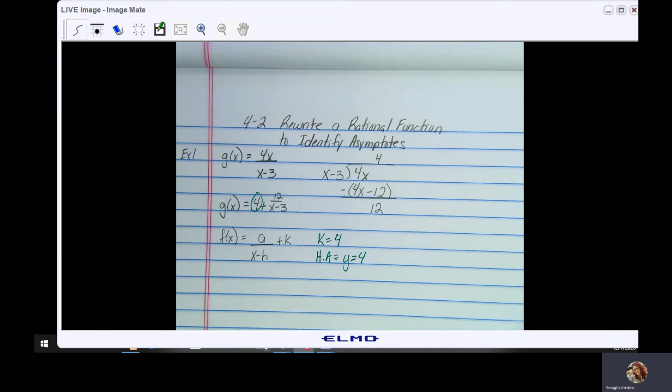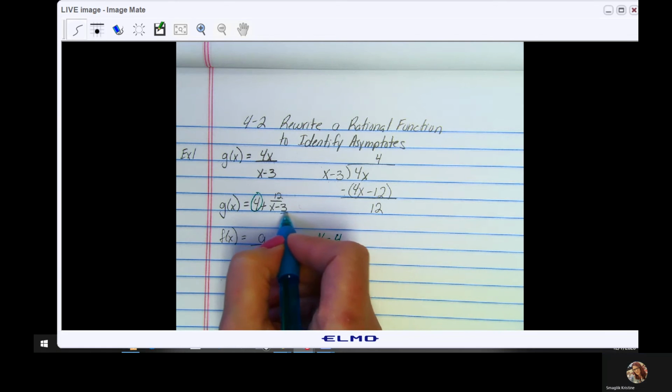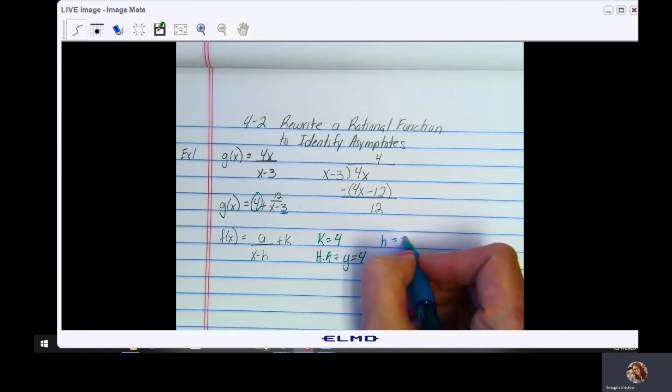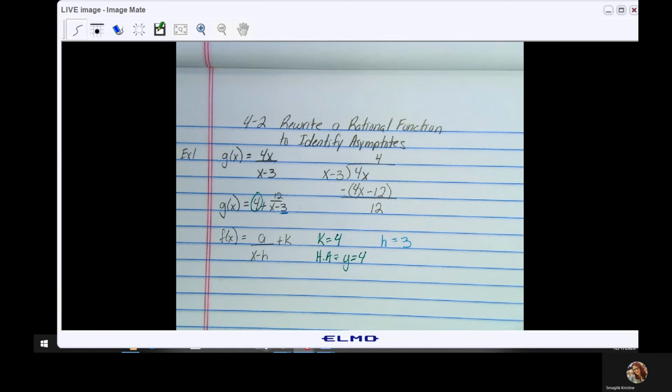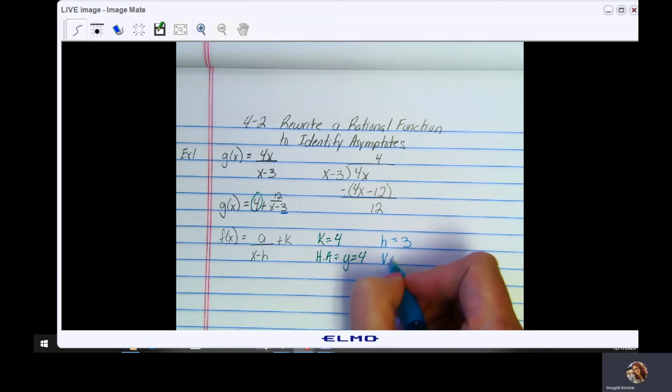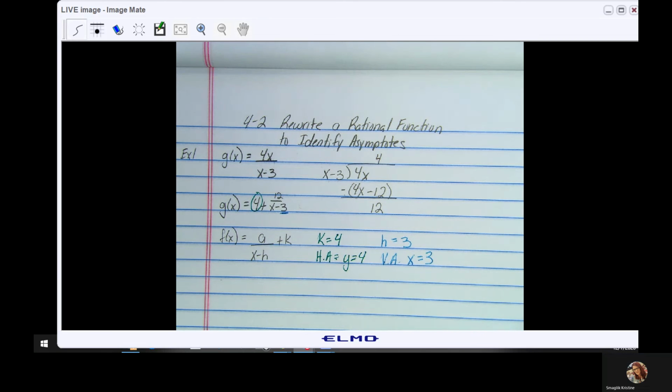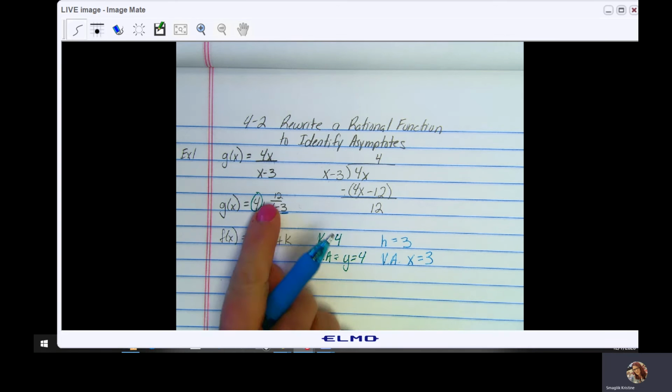Now in my denominator, h equals 3. That also makes my vertical asymptote x equals 3. This 12, this is a vertical stretch by 12, and we're not going to worry about it right now.